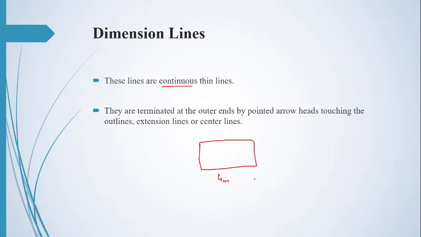The line used to show this length is the dimension line. This line, known as the dimension line, must have two arrowheads, one on each end of the line. So this is a dimension line. This dimension line shows the original dimension of an object on the drawing sheet.